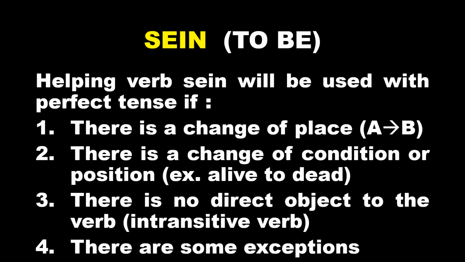And last but not least, apart from these conditions, there are certain verbs which do not fall under any of these categories, but still they use sein as a helping verb. We are going to see all these verbs.